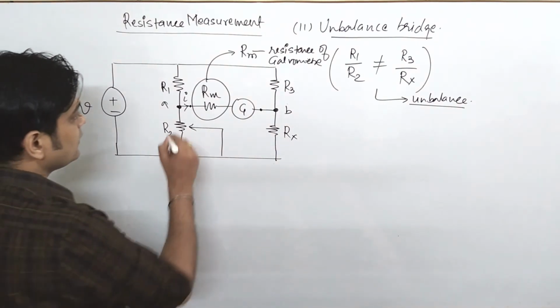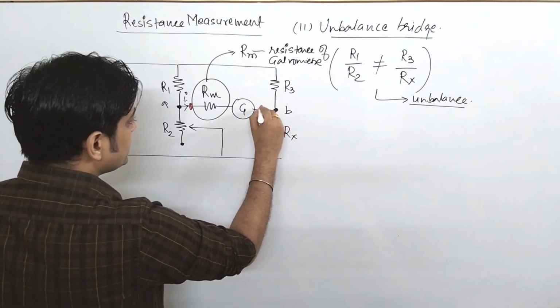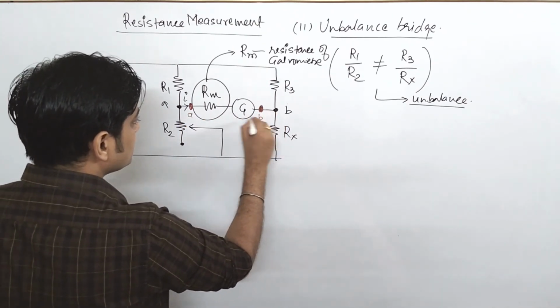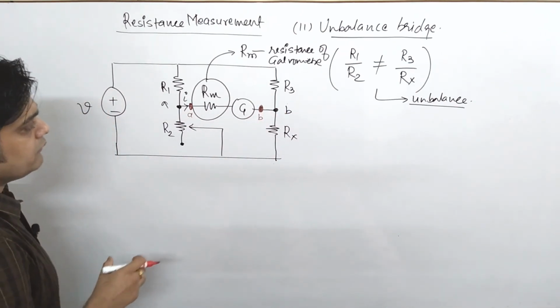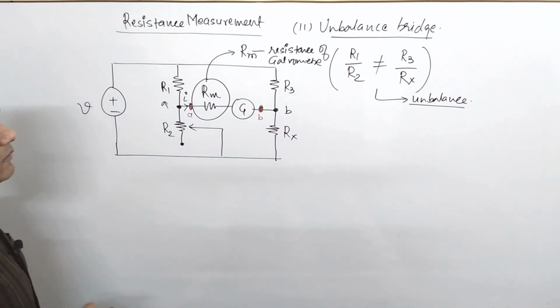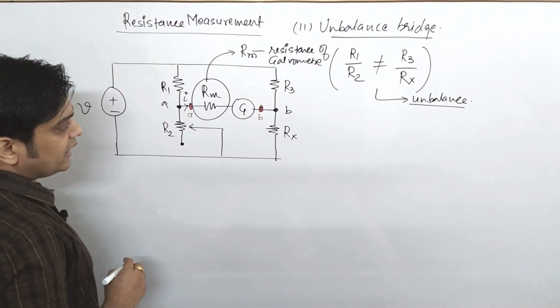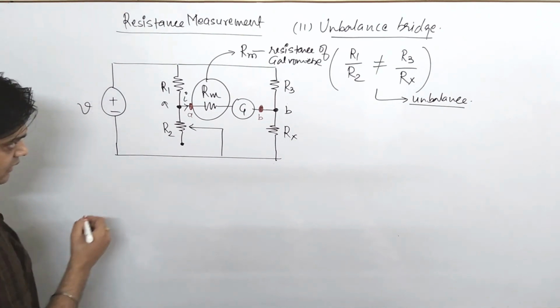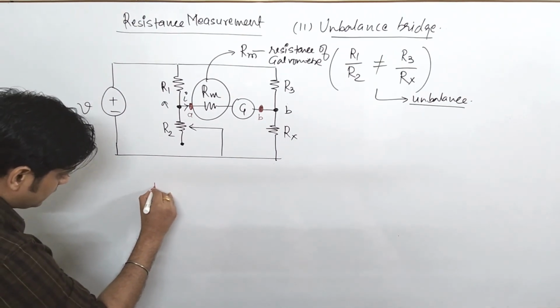I am drawing here: this is our two nodes we will consider, and we call them AB. Again the same node. So we will find the Thevenin's equivalent at AB, and once you know the Thevenin's equivalent at AB, what is that equivalent?